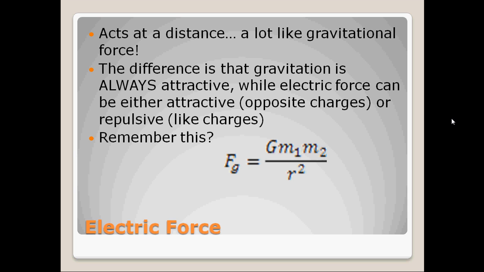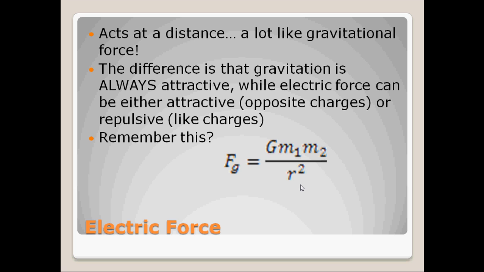So before, when we calculated gravitational force, we had this equation. So the force due to gravity is equal to some constant, in this case the universal gravitational constant, times the masses of each of our two objects interacting divided by the distance between them squared. Okay, so we've got constant times mass divided by the distance squared.